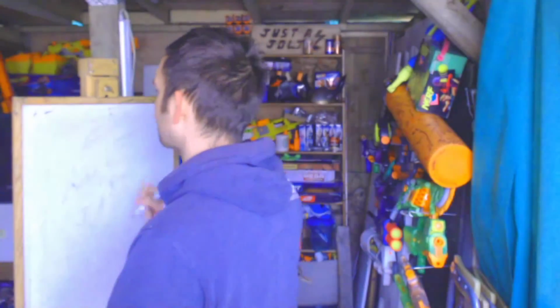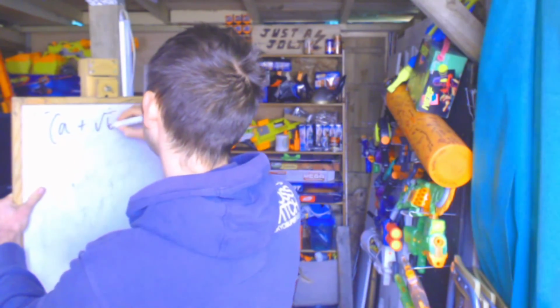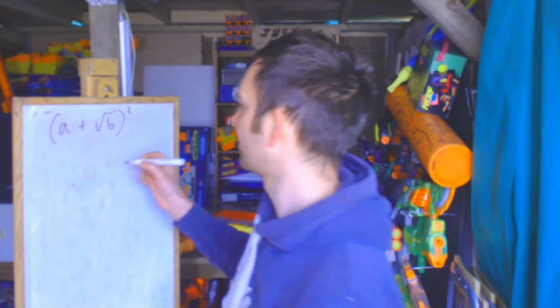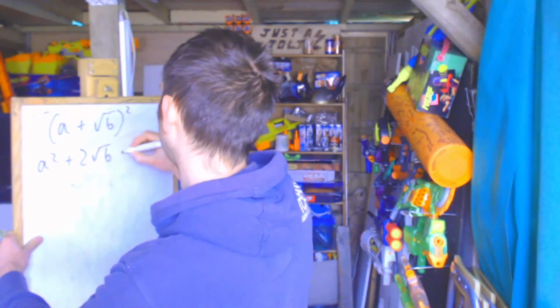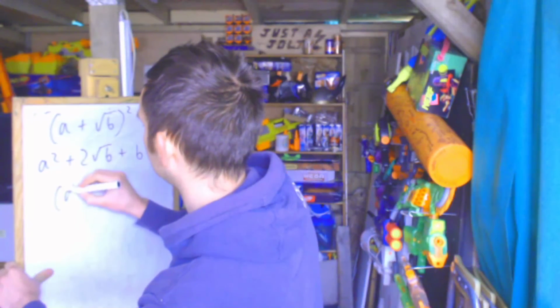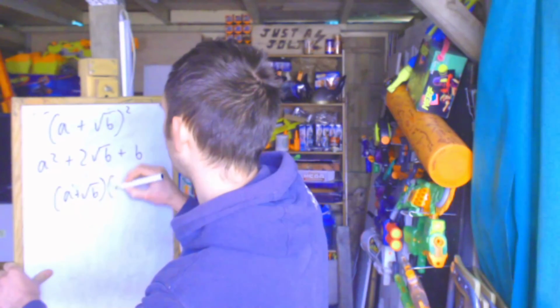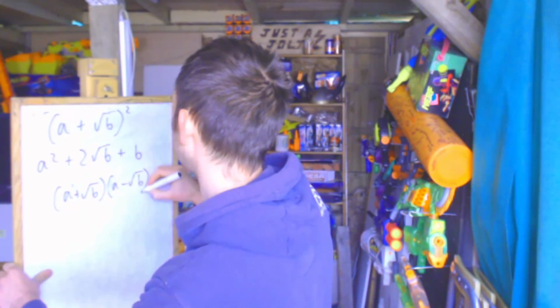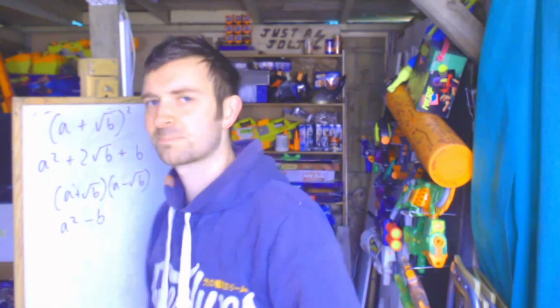Here we go. So the two square rules is if you see something like this, a plus root b squared, that's going to simplify down to a squared plus 2 root b plus b. And if you see something like this, a plus root b, a minus root b, that's going to simplify down to a squared minus b.